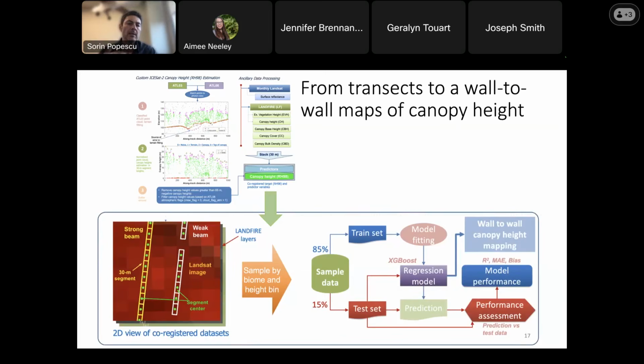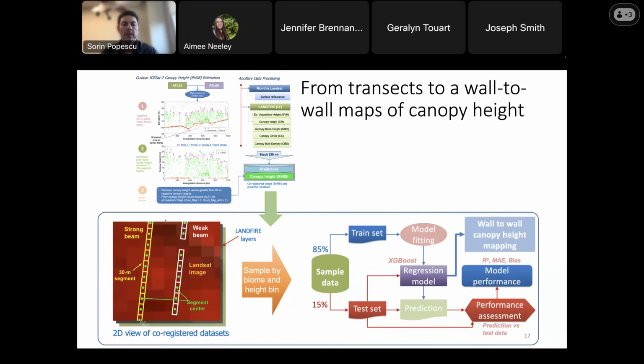So the idea is to fill in between those tracks with ancillary data sets that could consist in imagery products like Landsat or Sentinel-2 or any other image product that you find meaningful, but also a list of many other ancillary data sets, at least in the US, such as those that are produced by Landfire, which also compute canopy cover, canopy height in multiple products.